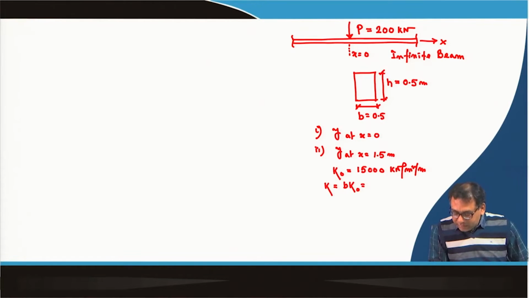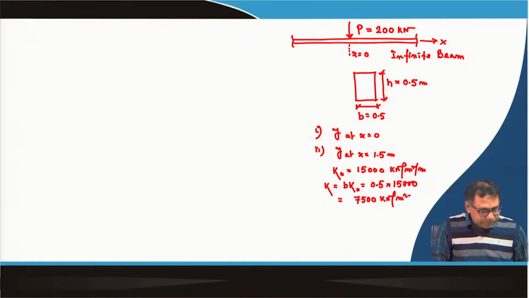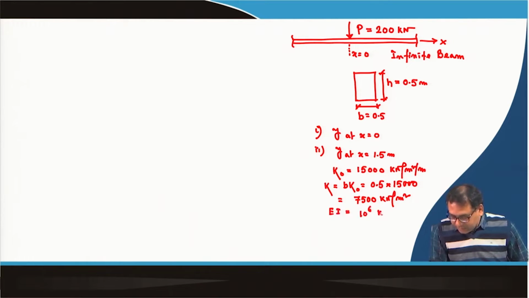So, b is equal to 0.5 and k0 is 15,000, so this value will be 7500 kilonewton per meter square. And the EI value is directly given, and that is 10 to the power 6 kilonewton meter square.